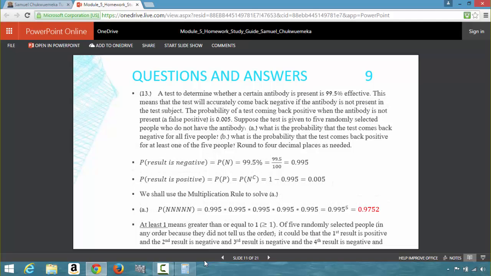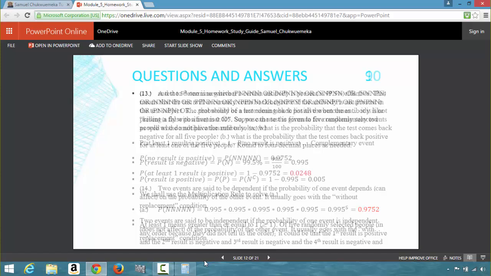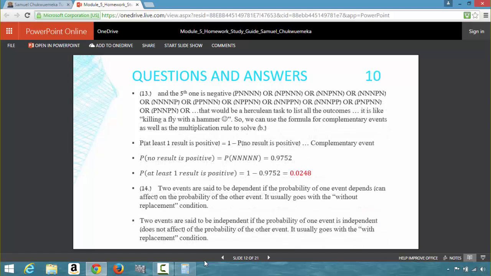It will be like killing a fly with a hammer if you list everything. P, N, N, N, N, or N, P. You list one case, then 2 cases. It could be positive, positive, negative, negative, negative, or negative, positive, positive, negative, negative. That would be a Herculean task to do.